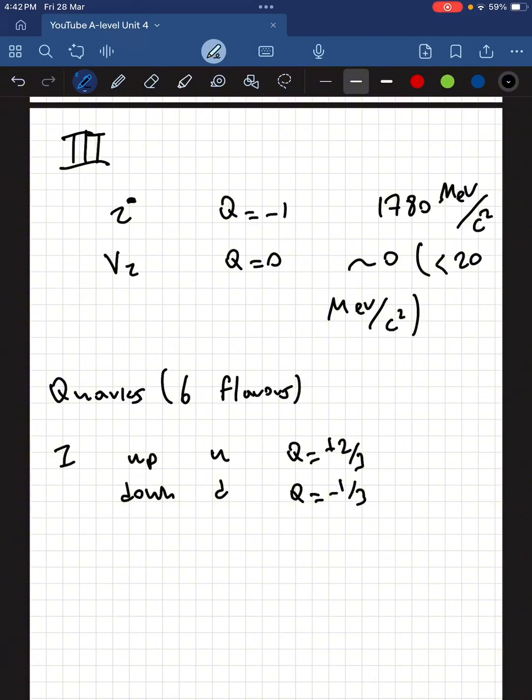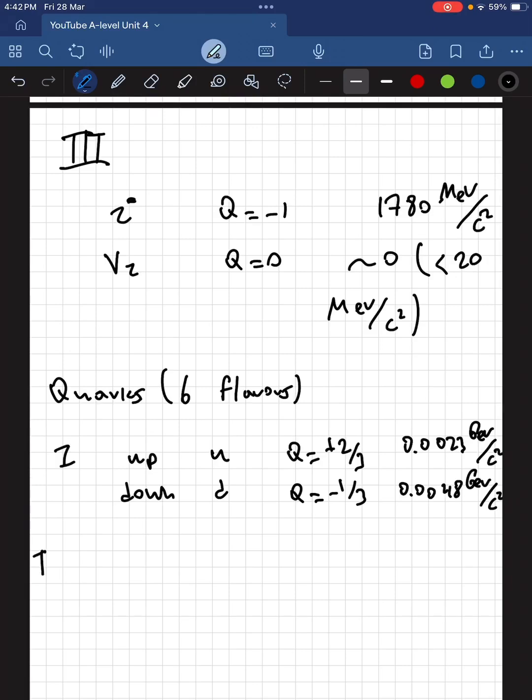So the flavor refers to up and down. So up is one flavor, down is another flavor. Okay, the mass is 0.0023 GeV over c squared, whereas for the down it is 0.0048 GeV over c squared. You're not expected to know the masses, but you are expected to know the charges.